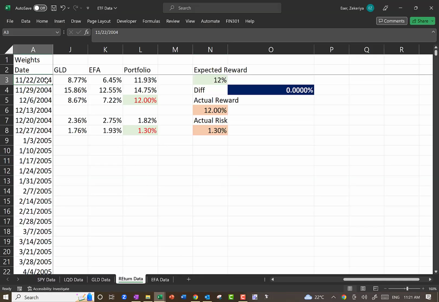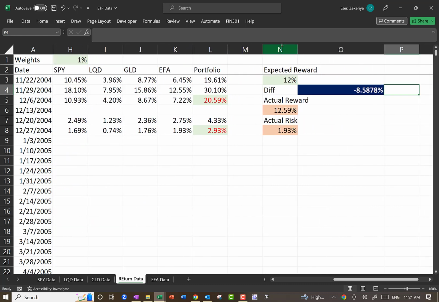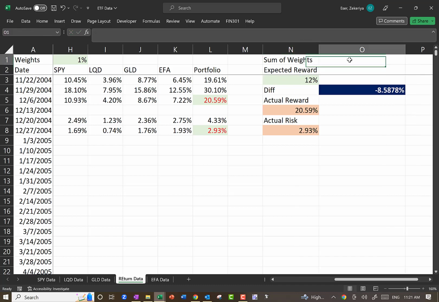This is for later purposes. If you remember, we let the last set of weights to be a function of the previous ones. I'm going to actually make this one general enough. Let me put right here sum of weights, and you're going to find out what I want that very soon.